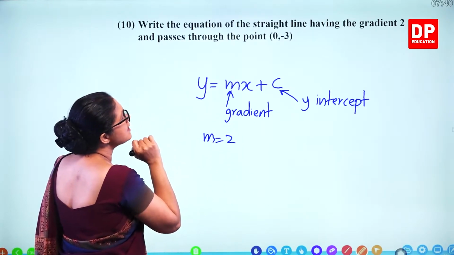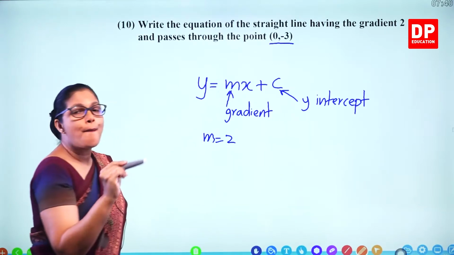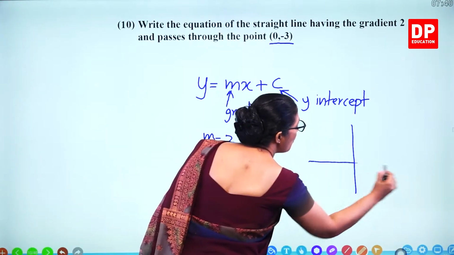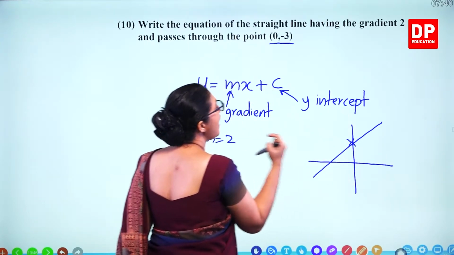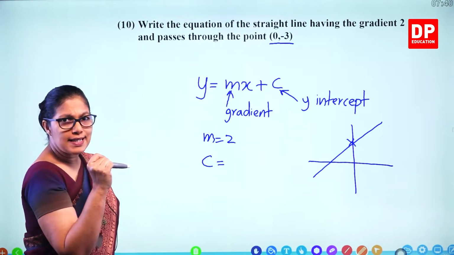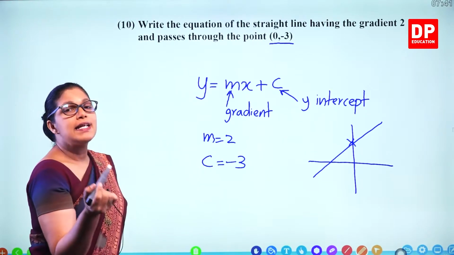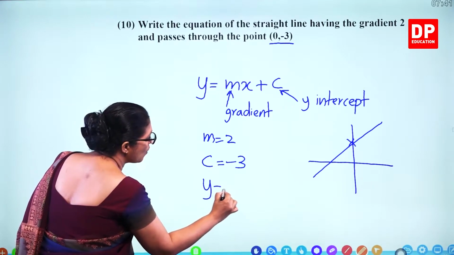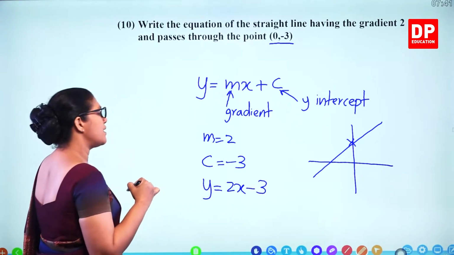What's the y-intercept? Look at this point, when x equals 0, y value is minus 3. So that's the value where the line cuts the y-axis. So that's the y-intercept. So what's the y-intercept? Minus 3. So you know gradient and the y-intercept. So what is the equation? Y equals 2x minus 3.